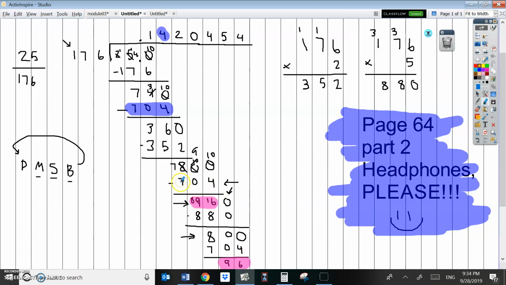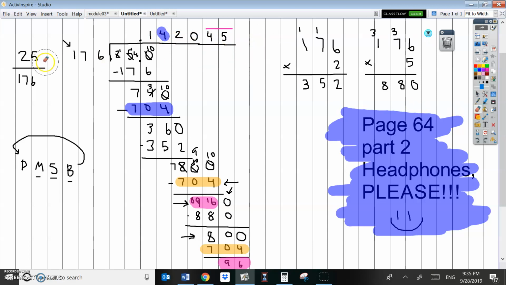We have a 704 right here, and a 704 right here. So the repeating part is the 4, 5 part. So we're going to have a 5 here, and a 4 here. So this right here is extra, and we don't need to write it. So we'll take that away, and we'll leave it just like that.